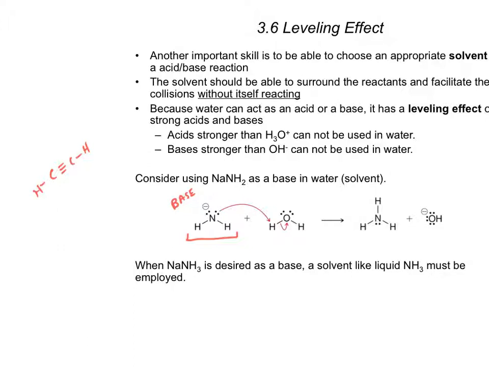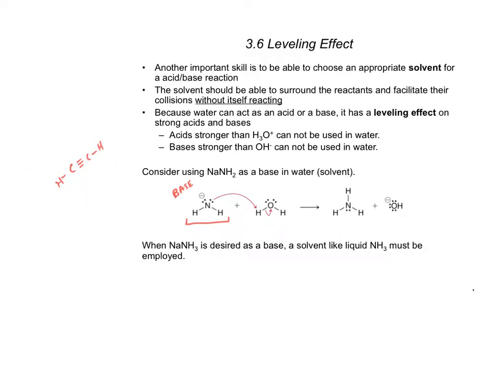If I put that reaction in water, there's a big issue with respect to that reaction actually occurring at all. If I put amide in water, every time it finds a water molecule, it's going to act as a base. It's going to go out, take a proton, leaving behind the electrons that are in this bond, producing hydroxide as a product. Looking at this reaction, which side of equilibrium is going to be favored?